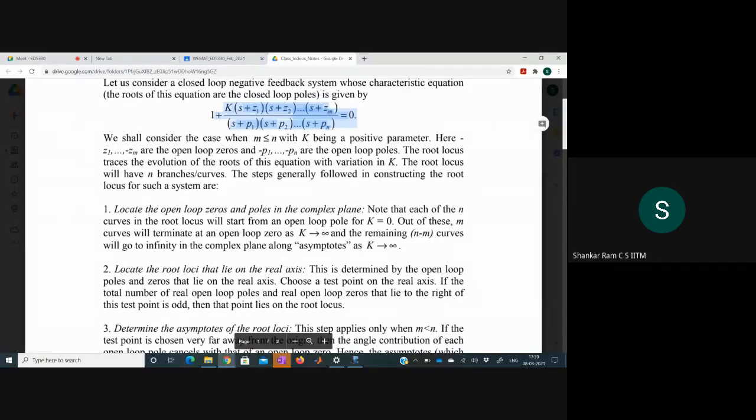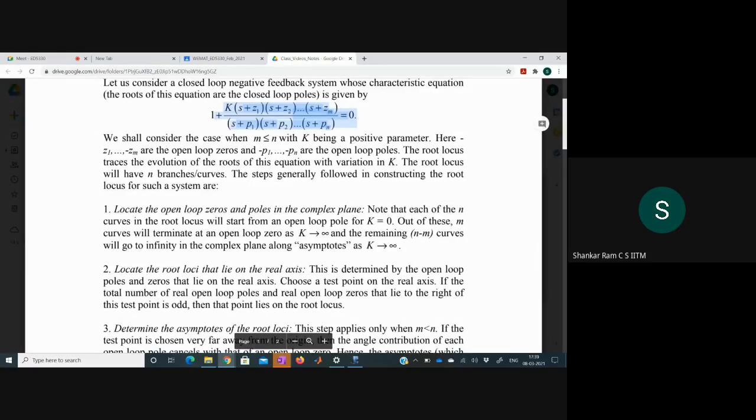Now with this knowledge, let's read step number 1. Step number 1 is to locate the open loop poles and open loop zeros in the complex plane. There are going to be n branches or curves in the root locus, and each branch will start from an open loop pole as k tends to 0.